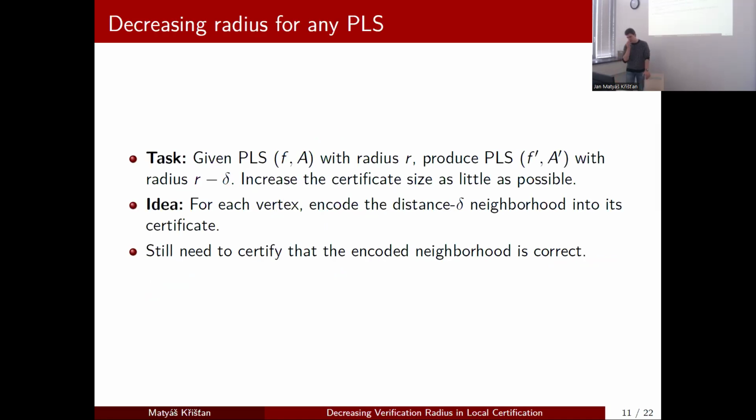What we will basically show is a general procedure that, for a given proof labeling scheme with some radius r, produces another one which works for the same graph property, but the radius is decreased by some small delta. The idea is to have a helping procedure, which for each vertex encodes the distance neighborhood into the certificates.